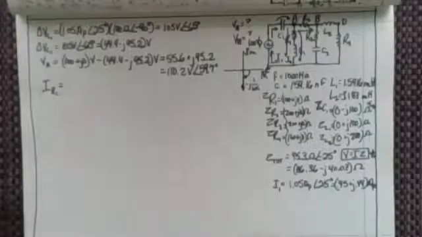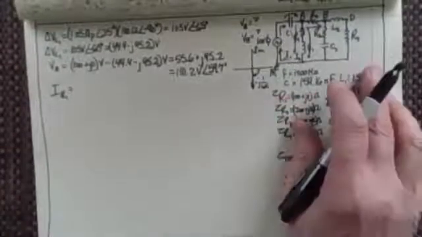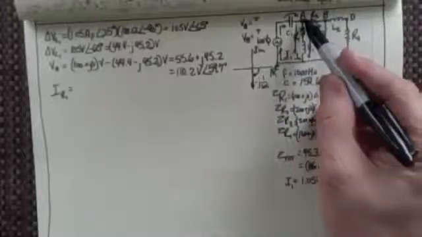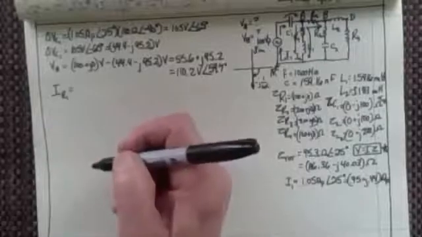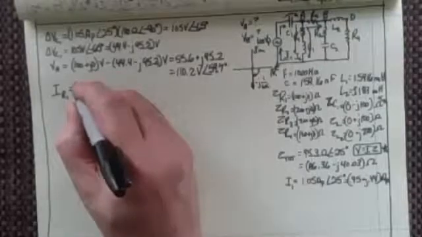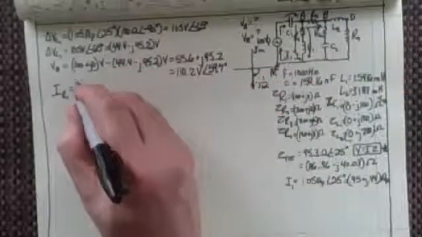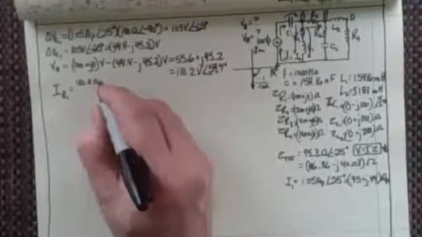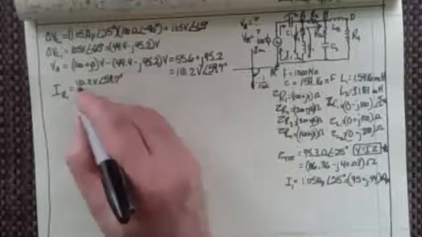Now we're going to find the current through R1 two different ways, and that's what I want you to see. So the first way that we're going to do it is we know what the voltage drop is, and I equals V over R, right? So we know that the voltage at A down to 0. The voltage at A is 110.2 volts at an angle of 59.7 degrees.